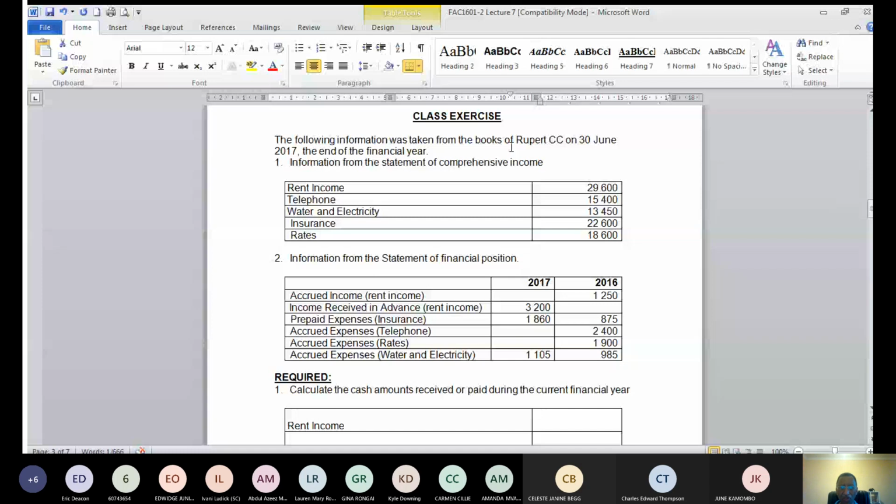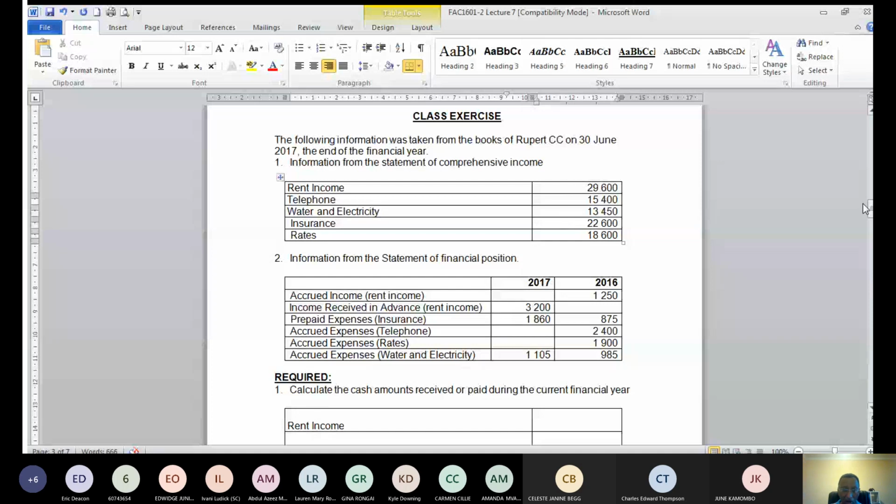The following information was taken from the books of Rupert CC on the 30th of June, the end of the financial year. From the statement of comprehensive income, I've got there for you rental income, telephone, water and electricity, insurance, and I've got rates for you.